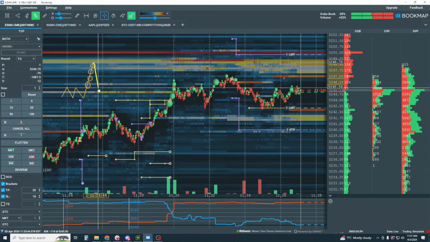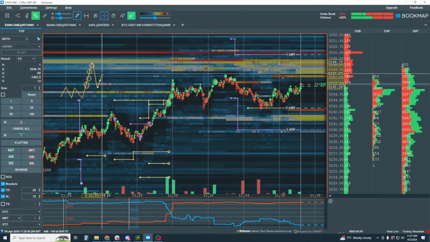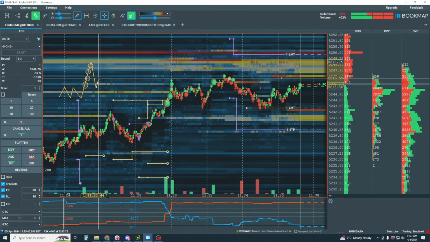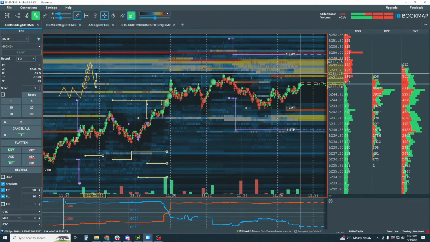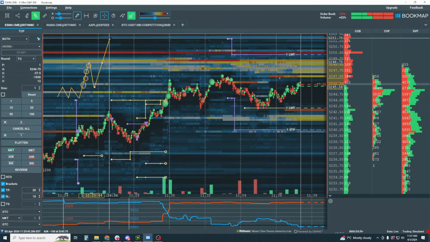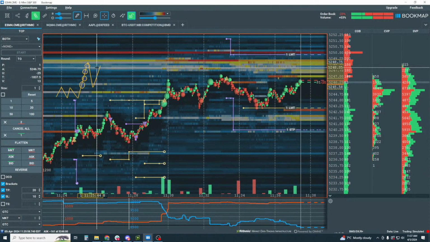So it pulled back tremendously. Now we're looking for another move on, and we know that there's more buyers in here. But we're looking for the move not to go like this, like in our flag pattern. We're looking for it just to the top of the range now. That's it.